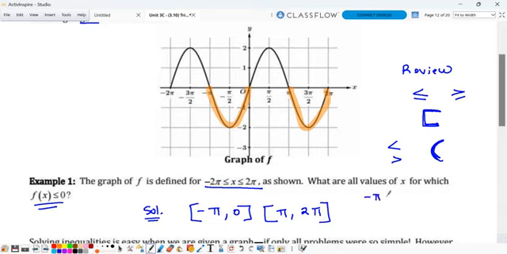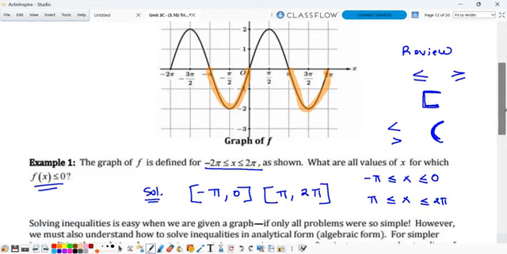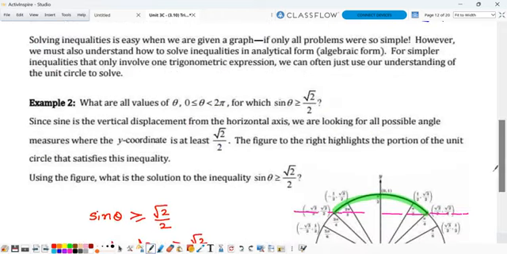You can also use inequality, negative pi to x to 0 and pi to x to pi. Same. Now, rarely you will be asked to use this. This is a very easy question just to introduce the inequalities.